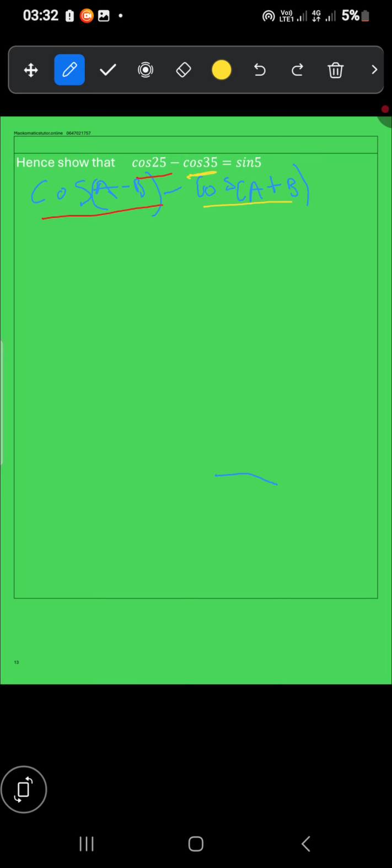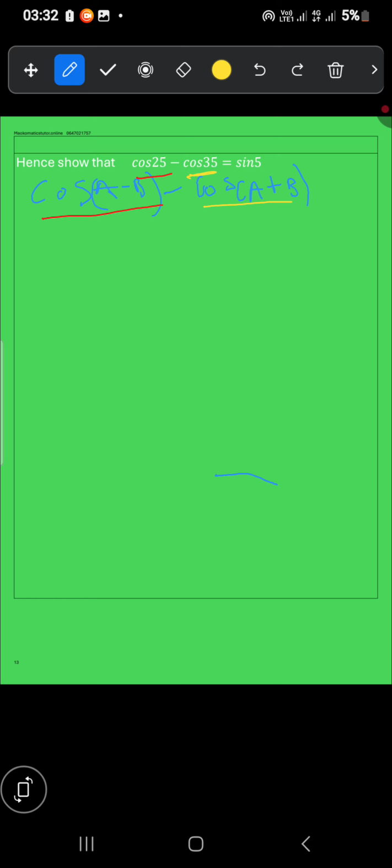So for 25, you are going to look for two angles that you subtract so that you get 25. The very same angles, when you add them, should give you 35. And that is 5 and 30, because one of them must be a special angle.